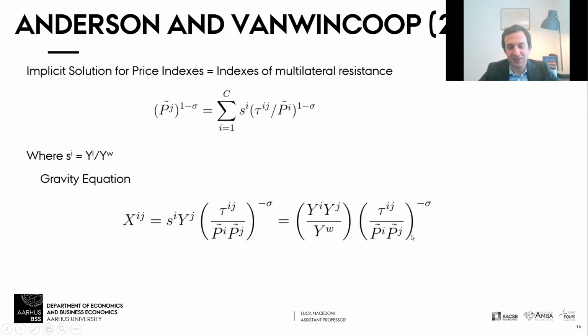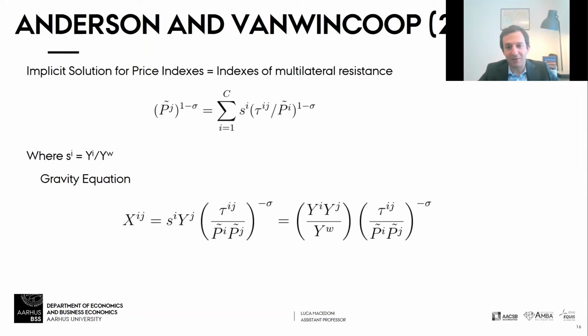And what is distance? Well, distance is the iceberg trade cost tau_ij and the multilateral resistance terms, which are these price indices, okay, which capture all the general equilibrium effects and capture the competitiveness and the proximity, in a way, of countries I and J.